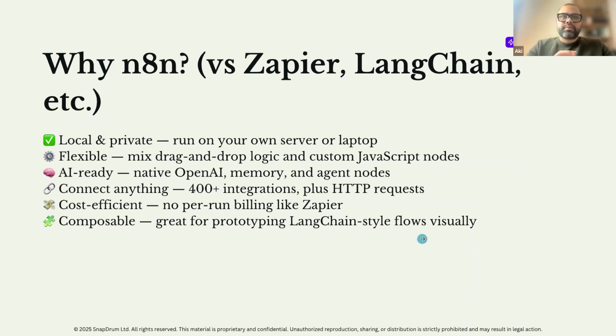I discussed this on the previous slide as well, a bit like why n8n, compared to other automation tools. You have the choice of a local and private deployment on your own server or laptop. So you can have your data as secure as possible, as long as you don't want to send that information to an external endpoint.